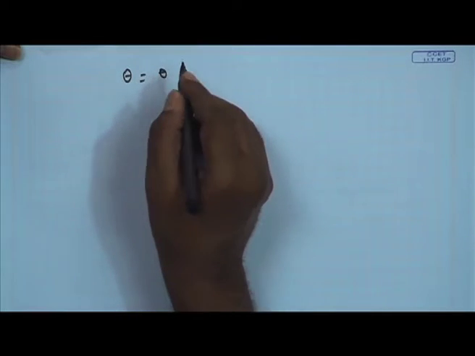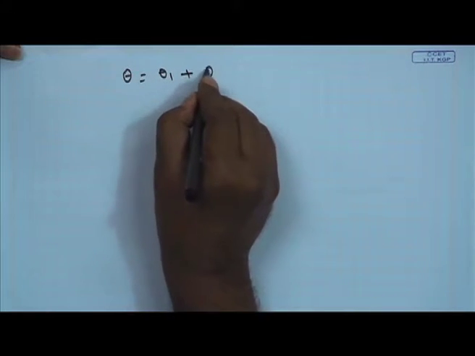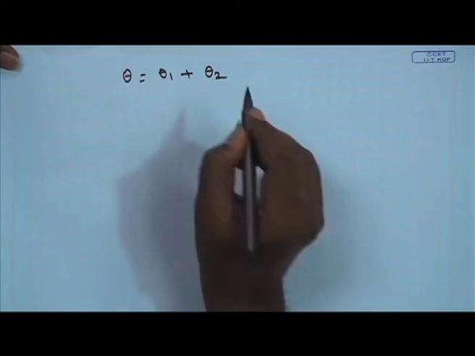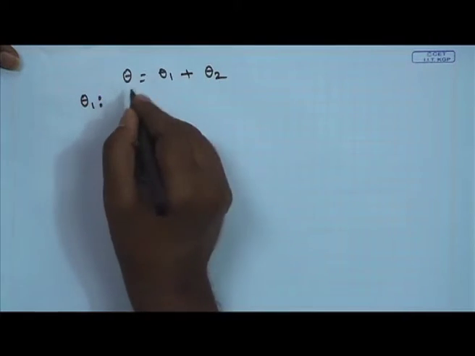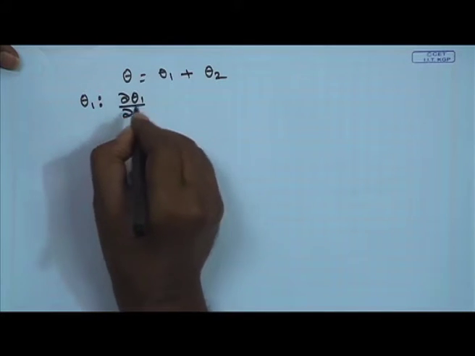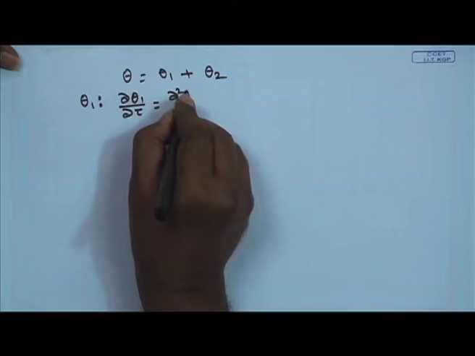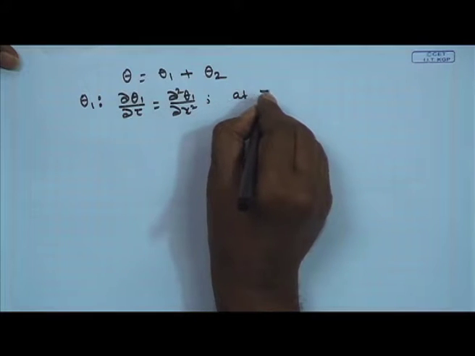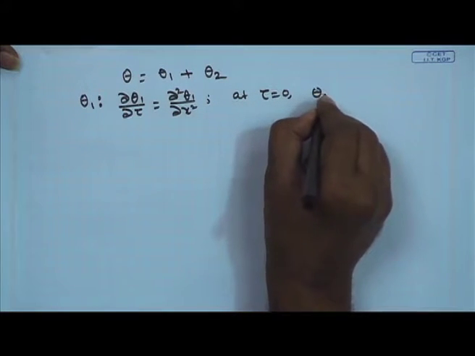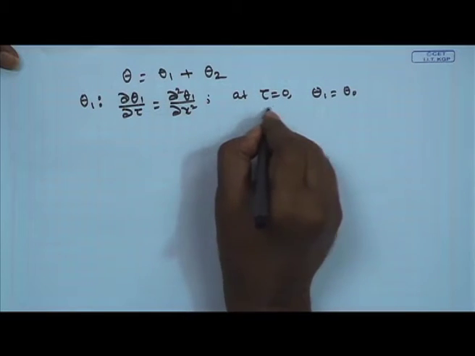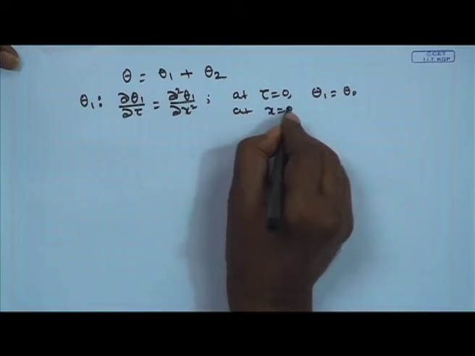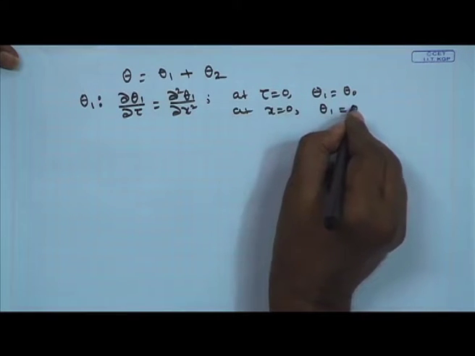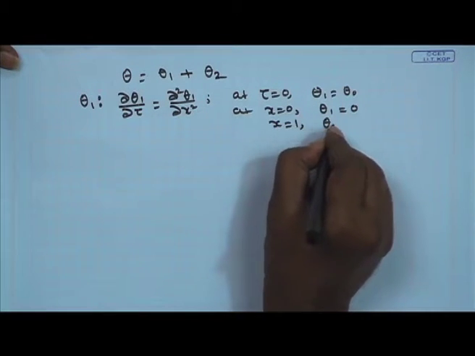I break down this problem into 2 sub problems, theta is equal to theta 1 plus theta 2, where theta 1 is the sub problem del theta 1 del tau is equal to del square theta 1 del x square, and at tau is equal to 0, I consider theta 1 is equal to theta naught, and at x star is equal to 0, theta 1 is equal to 0, and at x star equal to 1, theta 1 equal to 0.